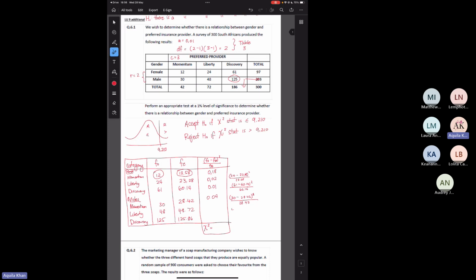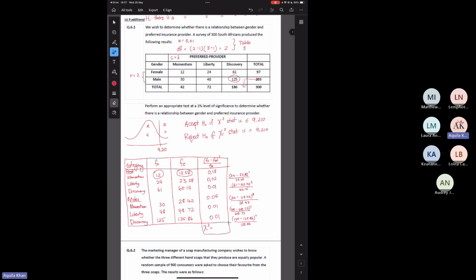Then the next one is 48 minus 48.72 squared, again over 48.72, and that is 0.01. And the last one is 125 minus 125.86 squared over 125.86. And that is also 0.01.